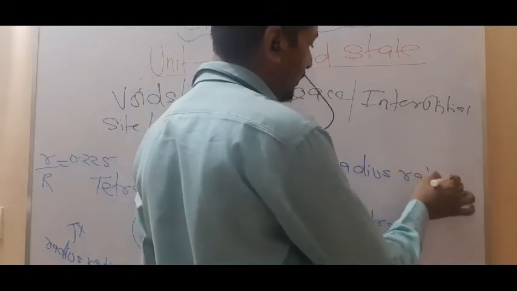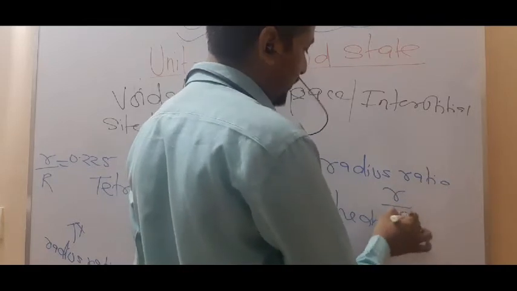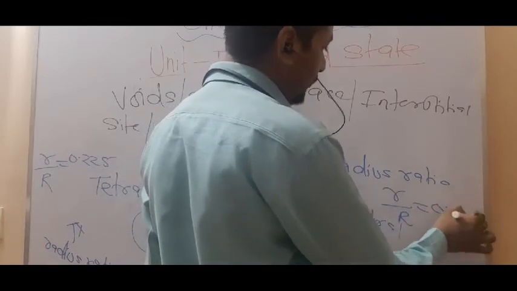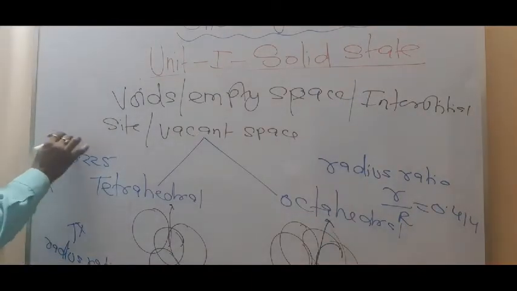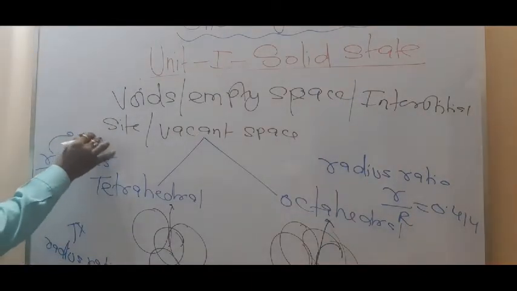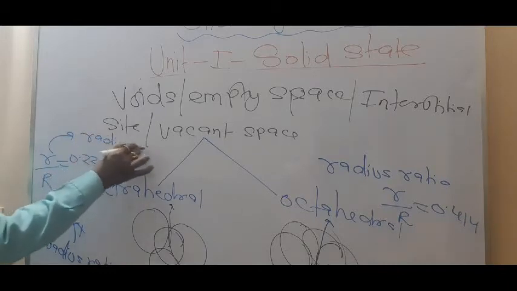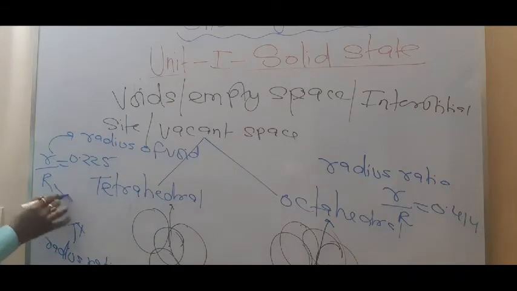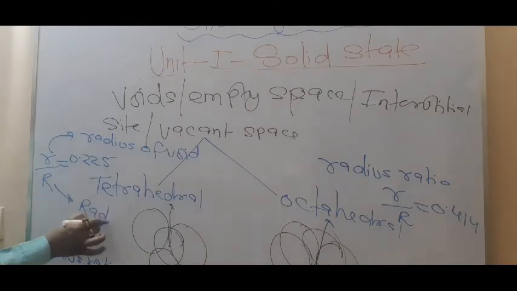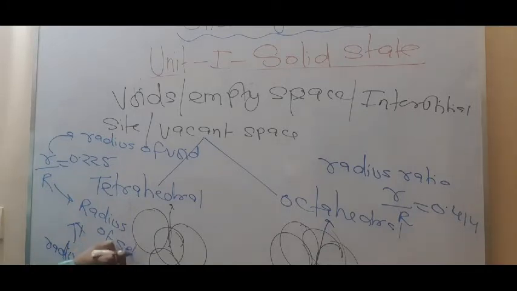So radius ratio r by capital R equals 0.414. Here small r indicates the radius of the void, and capital R indicates the radius of the sphere. Are you getting this point or not?